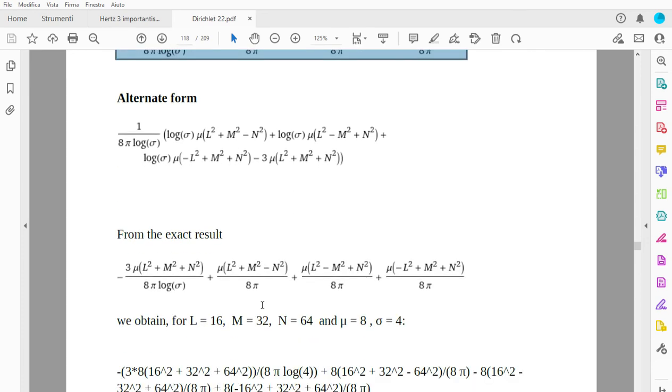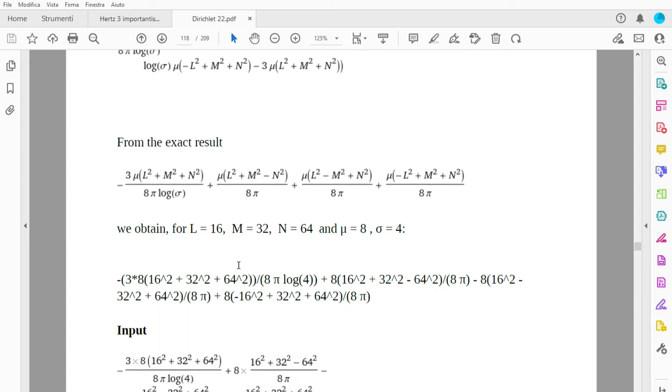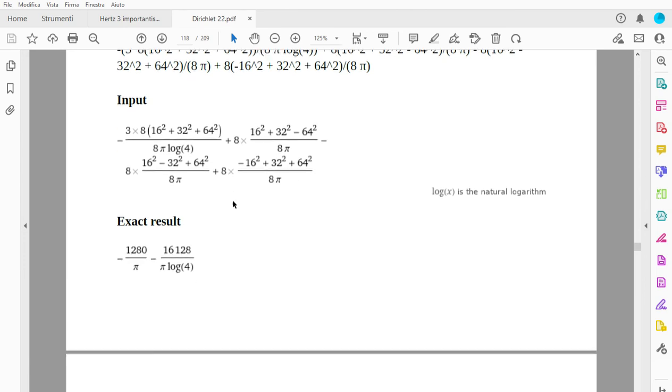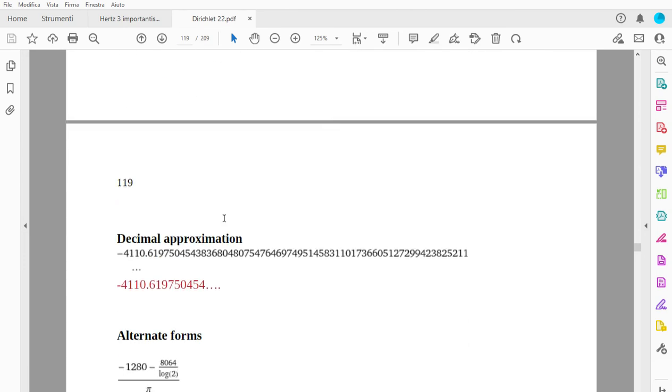From the exact result, we obtain for n equal to 60, m equal to 32, n equal to 64, mu equal to 8, and sigma equal to 4, this expression. And the following exact result.